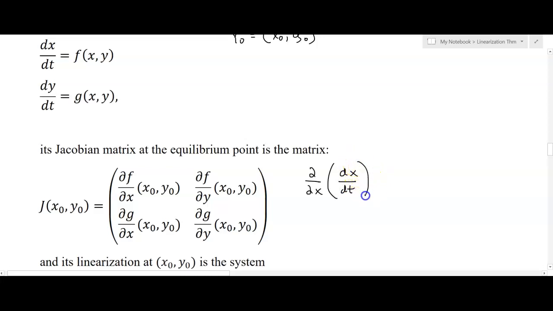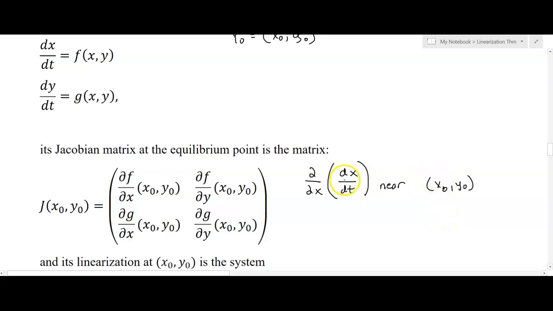And we're looking at this near our equilibrium point (x0, y0). So what this actually tells me is, how does the slope change? How does dx/dt change near (x0, y0)?